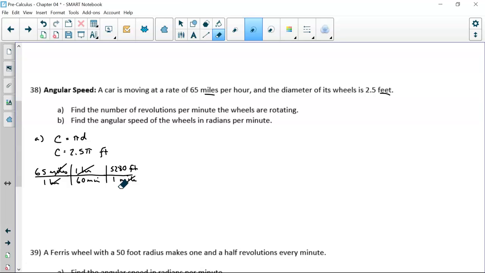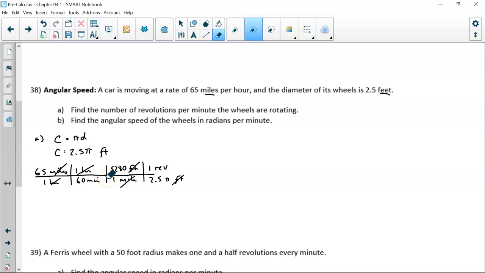Now each revolution is 2.5 pi feet. So what I'm going to do is multiply this by 1 revolution over 2.5 pi feet. That way our feet cancel and our answer would be in revolutions per minute.